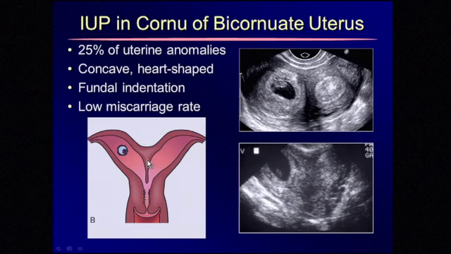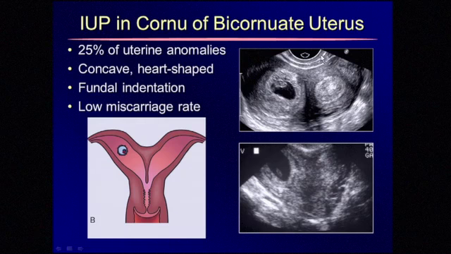It has to have a significant dip. And then it has two separate cornua. That's very important to have a 3D or a coronal type of view to show us that it indeed has the dip. And here we have the pregnancy in one cornu or horn and none in the other.